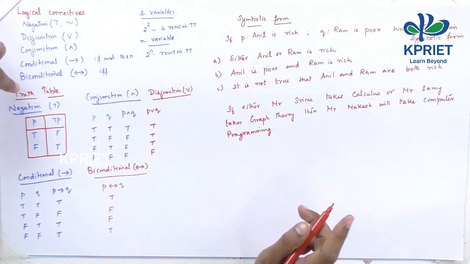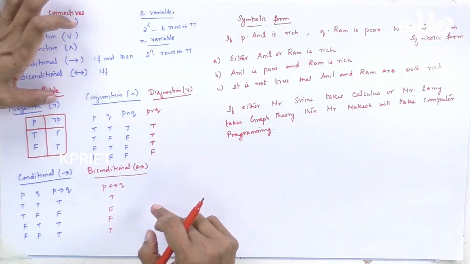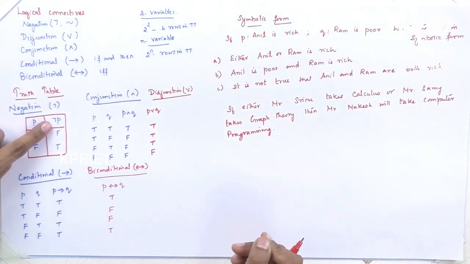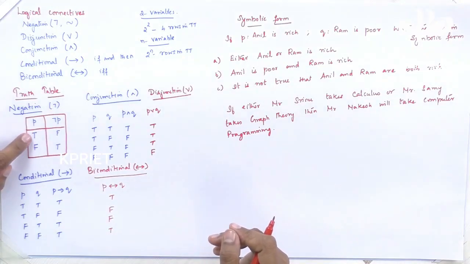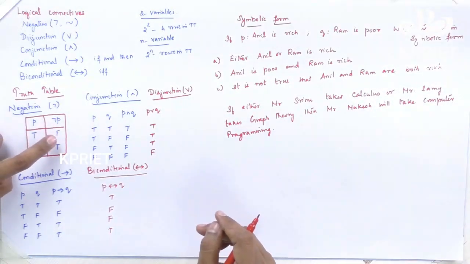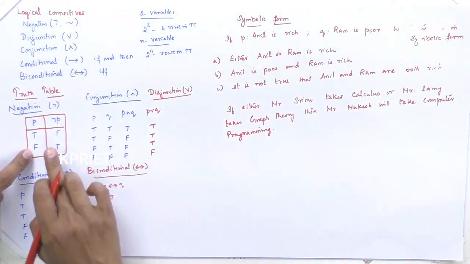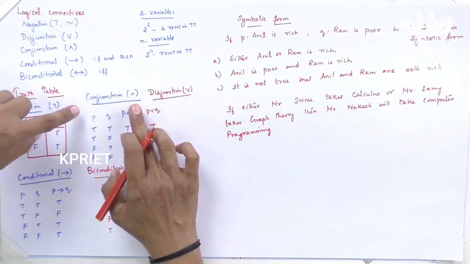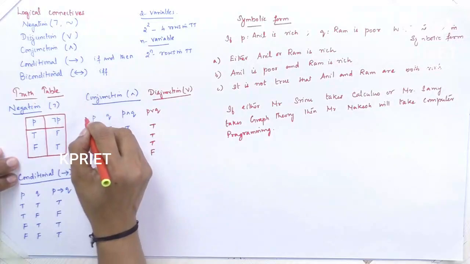I will repeat the truth tables for the various connectives. For negation, we have not. Suppose I have a variable P, then the negation of that is negate P, or not P. If P has a truth value T, then negate P will have the truth value F. If P has a truth value F, then negate P will have the truth value T. Next, for the conjunction connective, let us see how we construct the truth table.